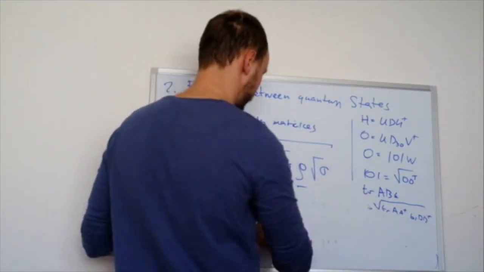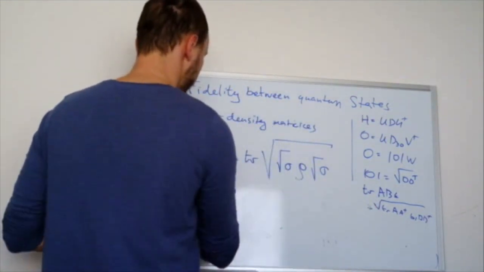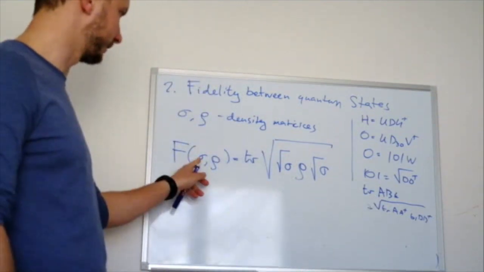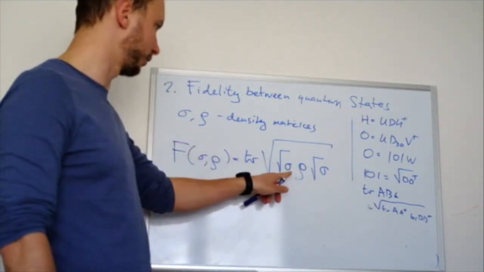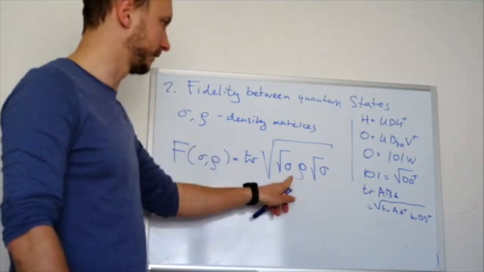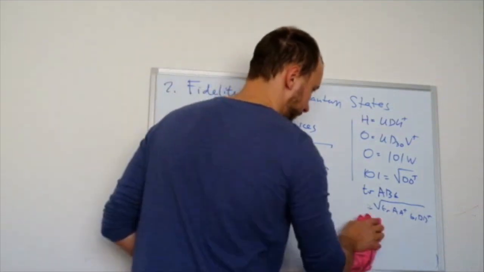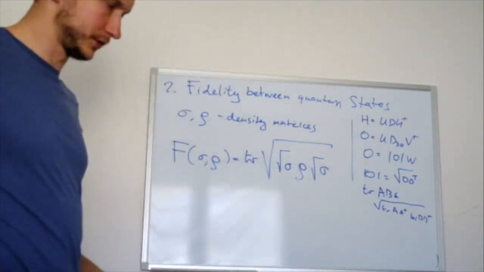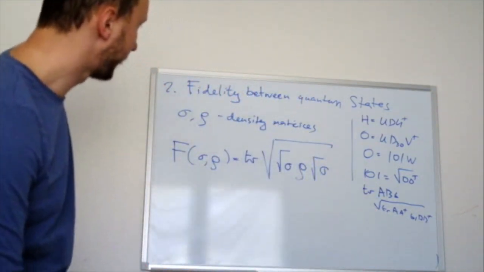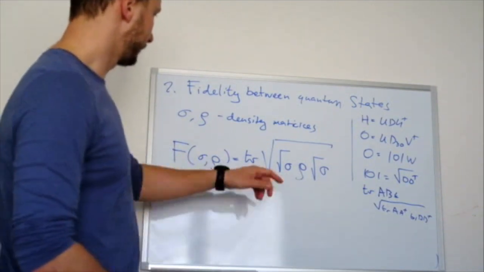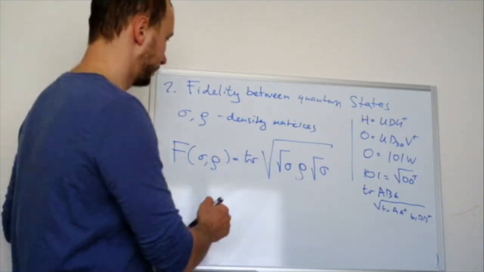Of course, now let's see what it means for mixed states. First thing, I think I was juggling around the order of the thing, because here the order is important. We're going to have sigma appearing here and rho in the middle. So the first thing to show is that actually it's symmetric, as we would expect. And to do this, we can rewrite it, maybe in a nicer way.